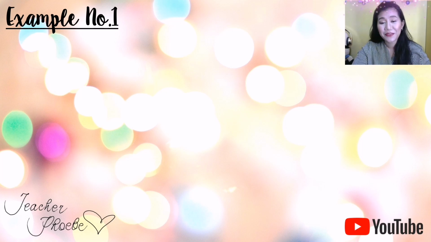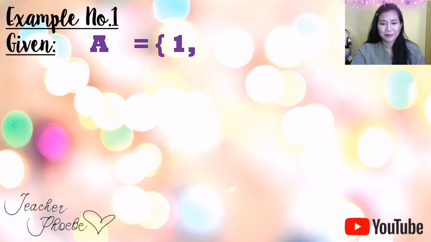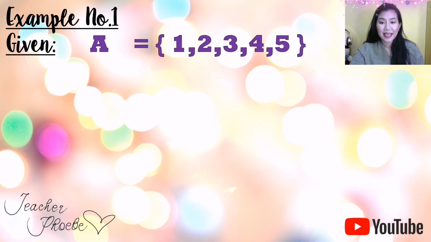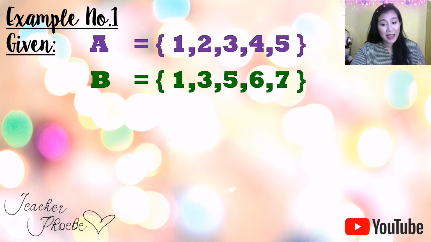So in order for us to understand this lesson better, let's have the following example number 1. Given A is the set of elements 1, 2, 3, 4, 5, and B has the elements 1, 3, 5, 6, 7.